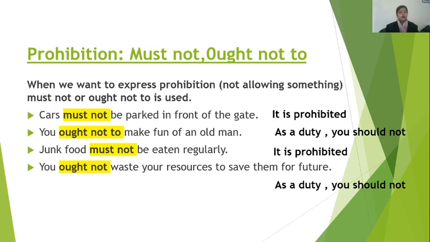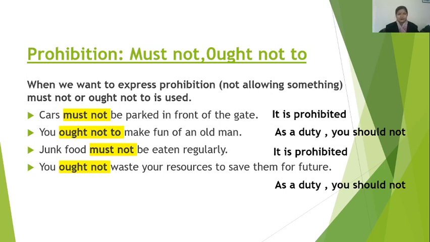You ought not to eat junk food. It means that if the person is going to eat junk food even after this restriction, it is going to harm his health. So must not has an option, while ought to doesn't have an option.